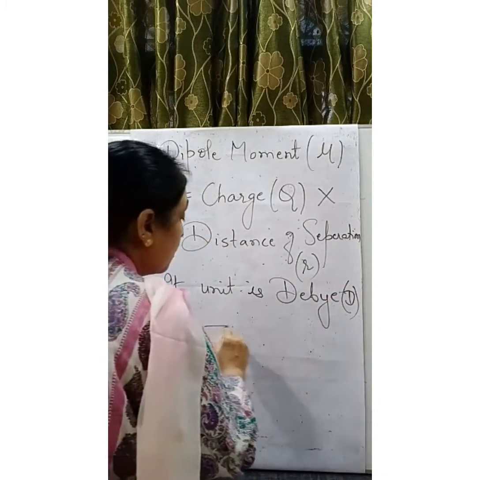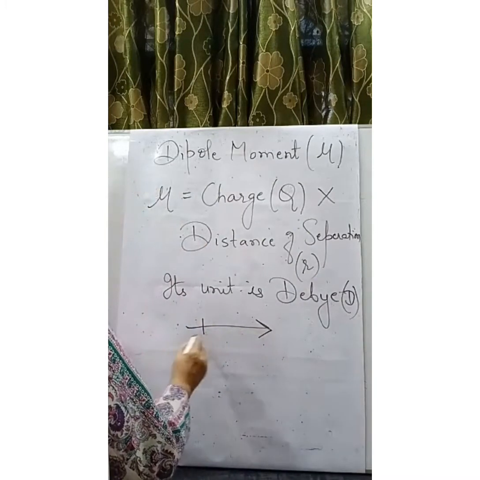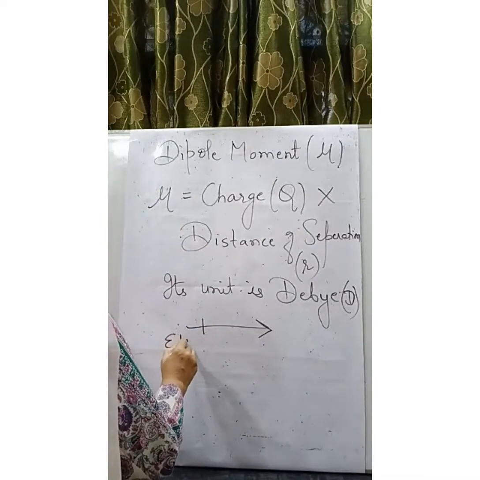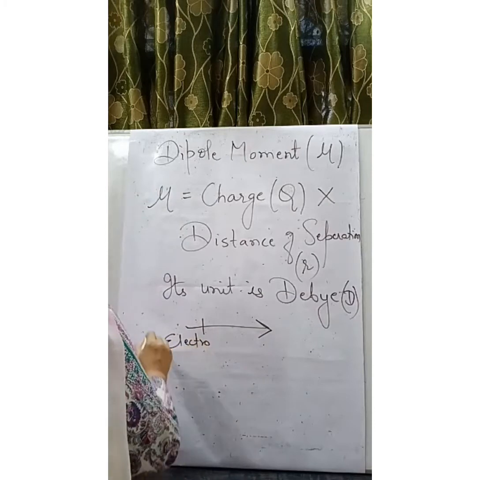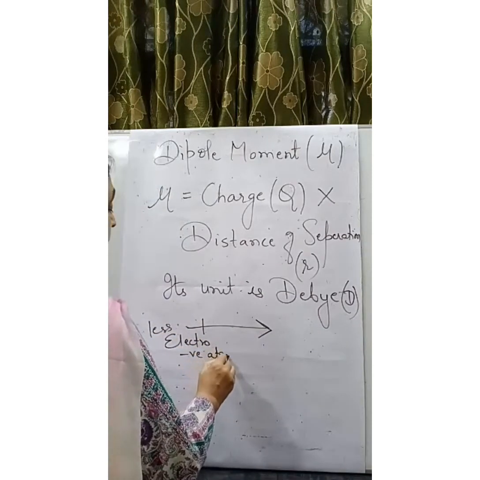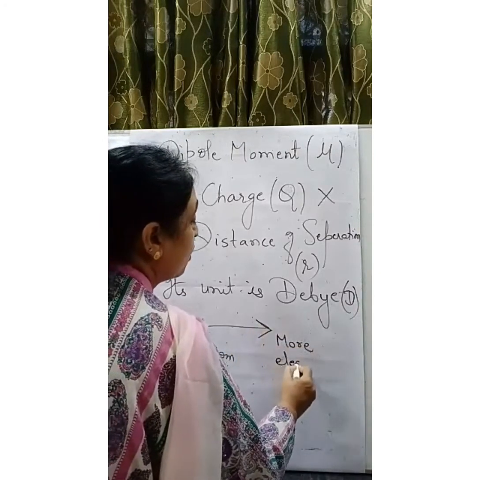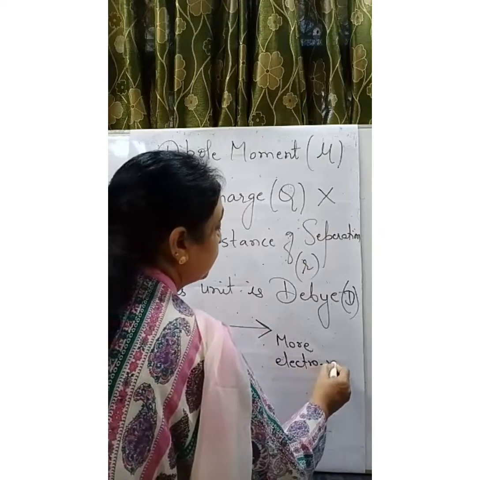This dipole moment is indicated by an arrow where the tail of the arrow always points towards the less electronegative atom and the head towards the more electronegative atom.